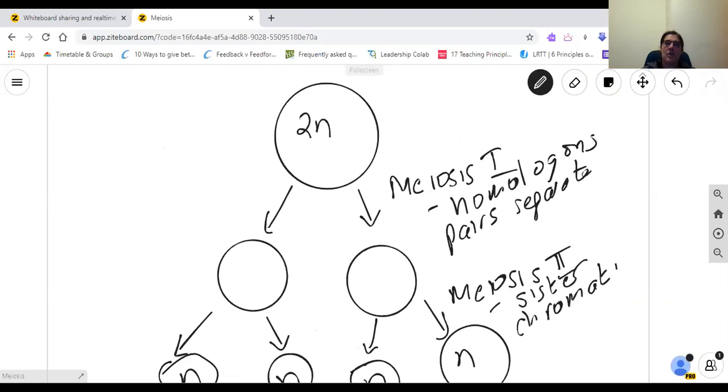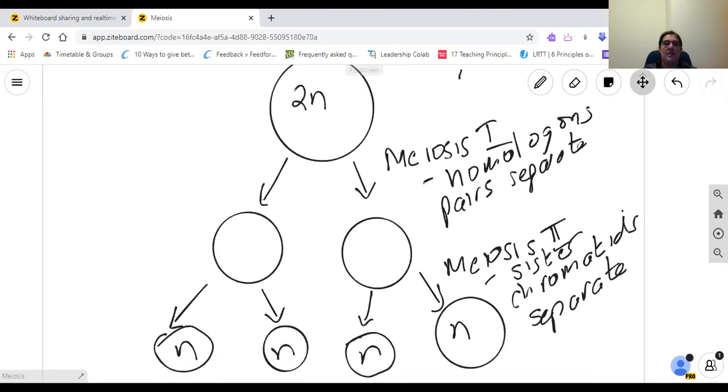So meiosis 2 is basically the same as mitosis in terms of what actually happens. I hope that's a bit more helpful. And that's the end of meiosis.